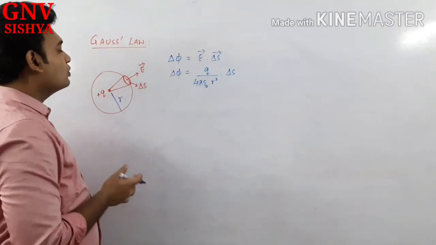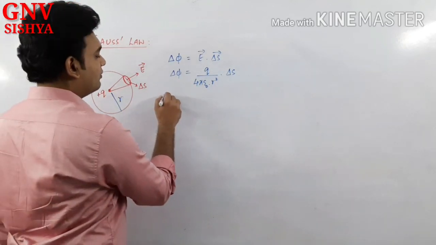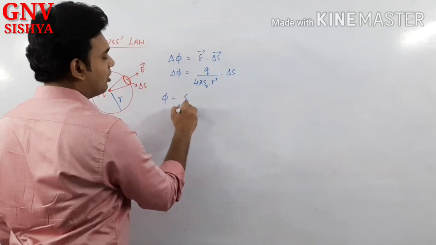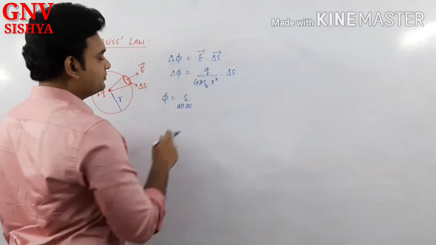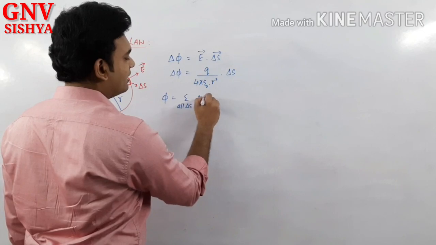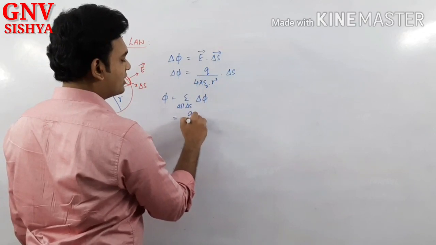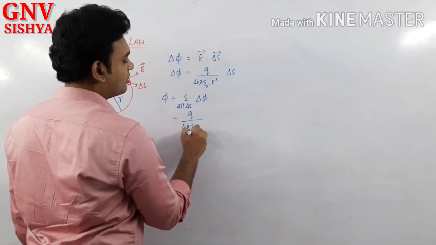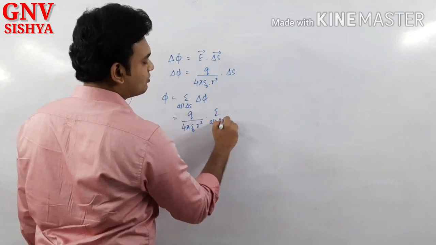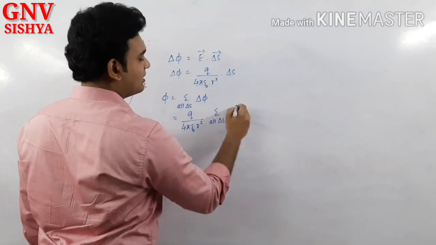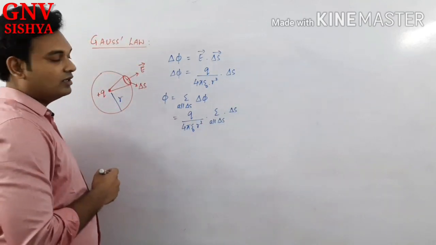Now how do we calculate the total flux coming out of the sphere due to the charge plus q? The total flux will be a summation of all such small surfaces del S, which will constitute the total surface. We can take it as summation of del phi, the flux that we have found here. When you take a summation, we have q by 4 pi epsilon naught r square as constants, and we have the summation of all such small surfaces del S. Summation of del S will give us the total surface area.